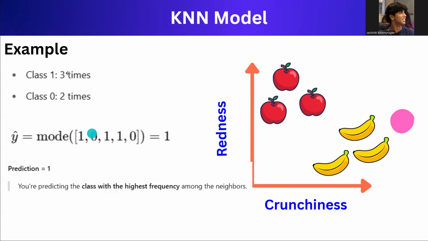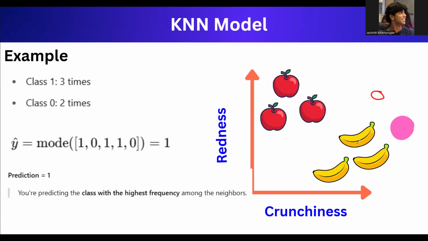If we say that K is going to be 5, then it checks this here and sees how close this point is to it. For example, let's say we have an apple here. It's going to take this apple into consideration as well. But it's seeing how close it is compared to a threshold value that it calculates.